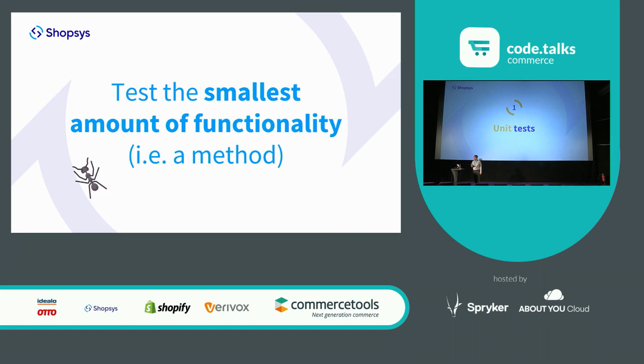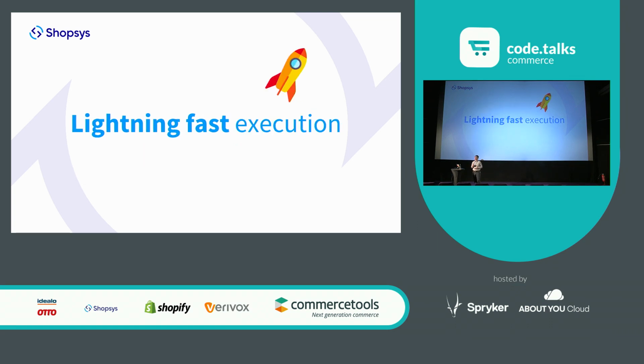So unit testing, the target here is to really test the smallest amount of code possible. So typically a method. This is quite important because of the smallest amount of code you're actually executing.